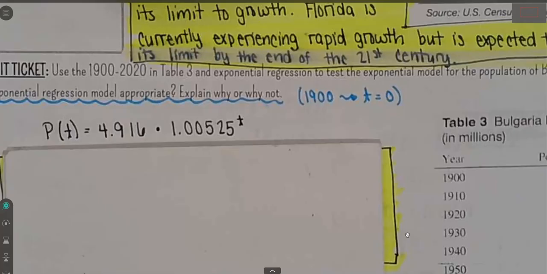Good explanation. The term goes on forever. On the exam, you would probably want to say it maybe increases exponentially without limit, whereas population typically has a limit.